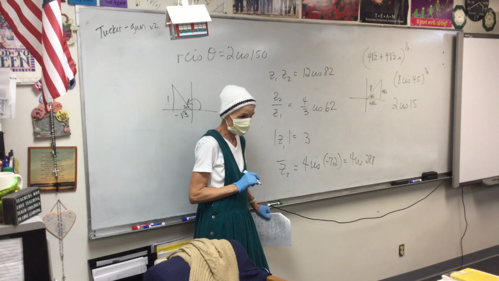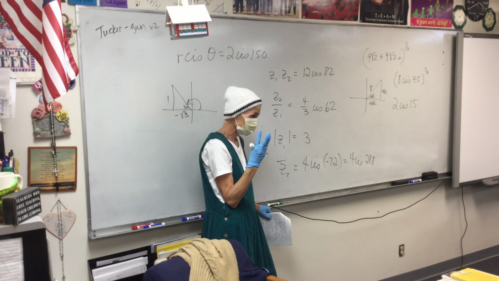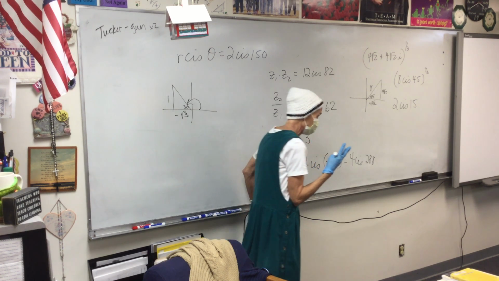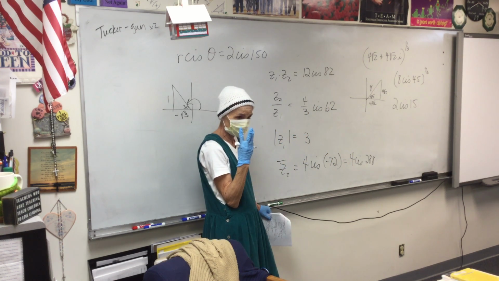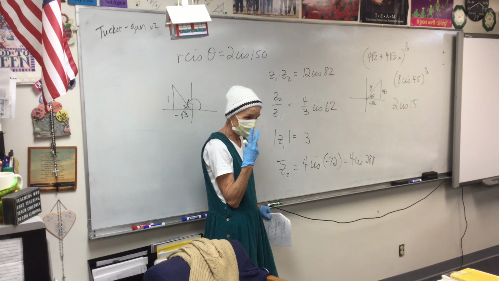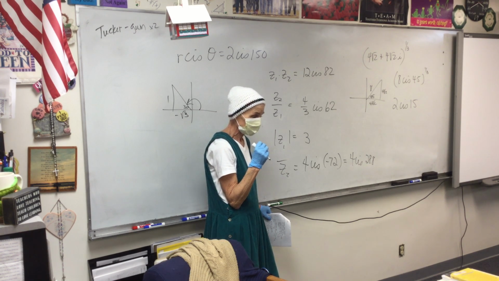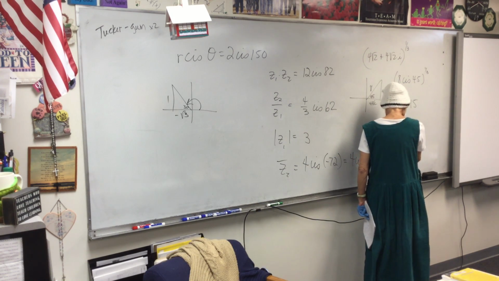Why do I say answer number 1? Because there are 3. Why are there 3? Because root problems have more than one answer. Cube root problems have 3, 4th root problems have 4, square root problems have 2, and so on. Now, how do I find the other 2? They will have the same R value.